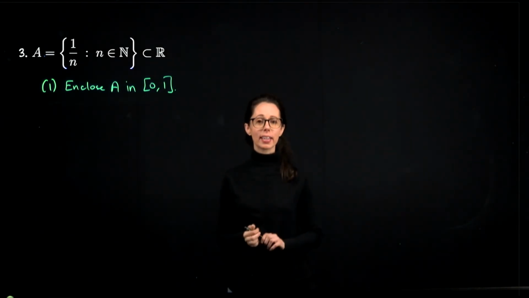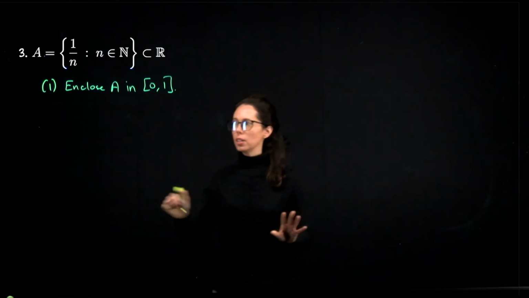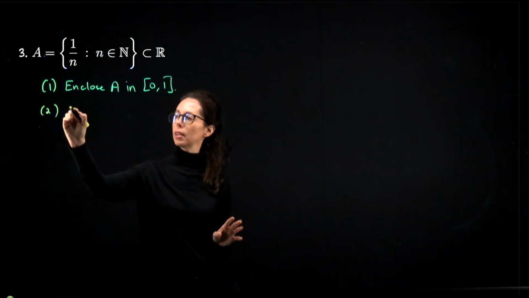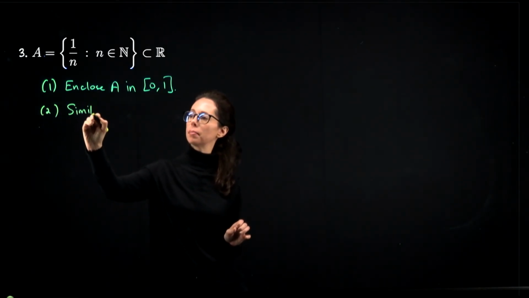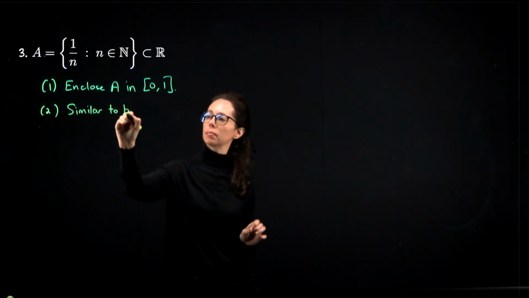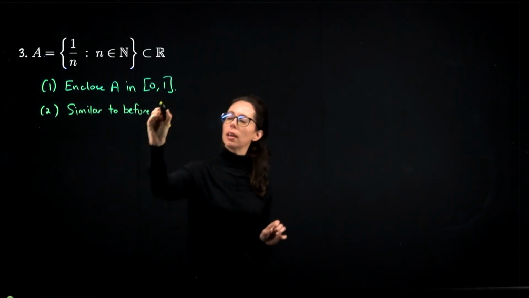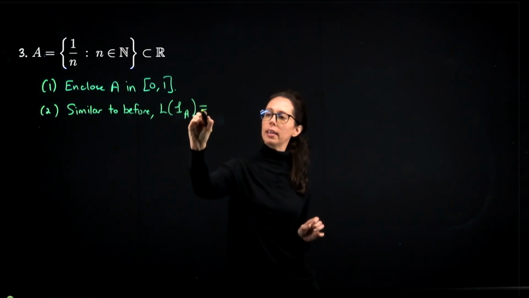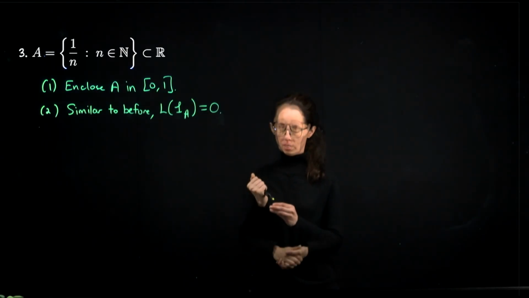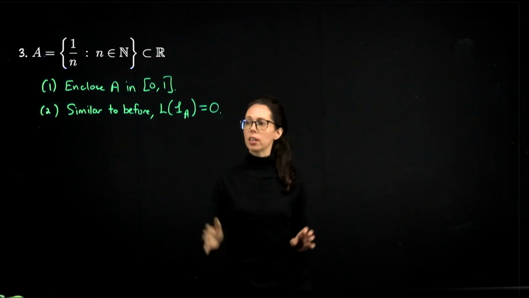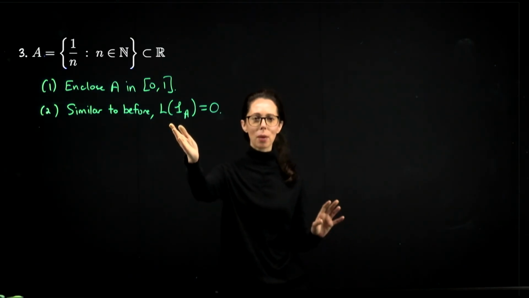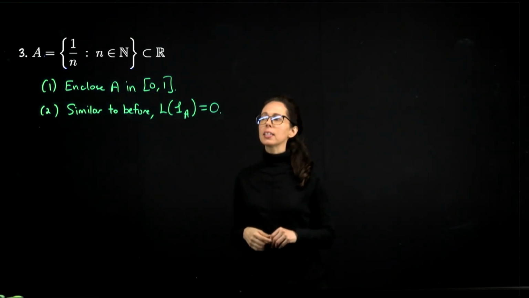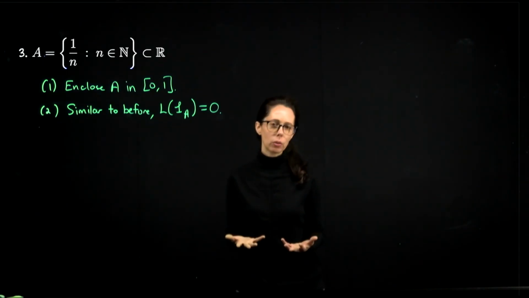The answer is yes, it can. So let me write that down, just the statement. Similar to before, the lower integral of the characteristic function of A is 0. For a rigorous justification of this statement that I will just say out loud but not write down, A consists of points which are only rational.